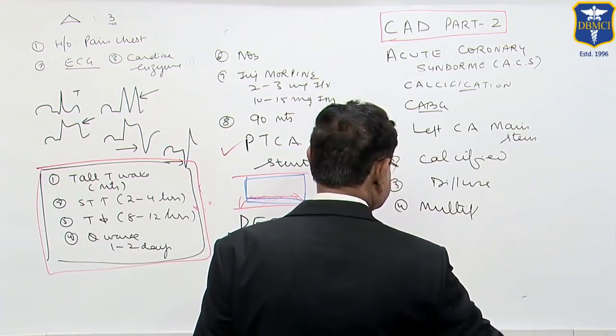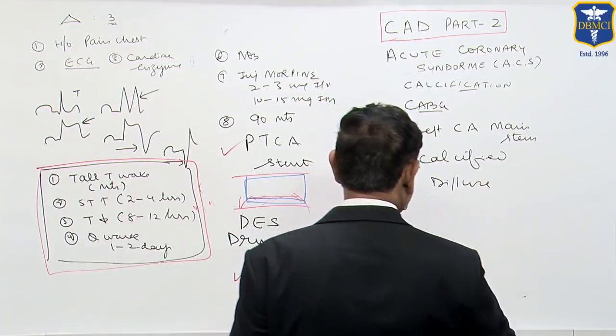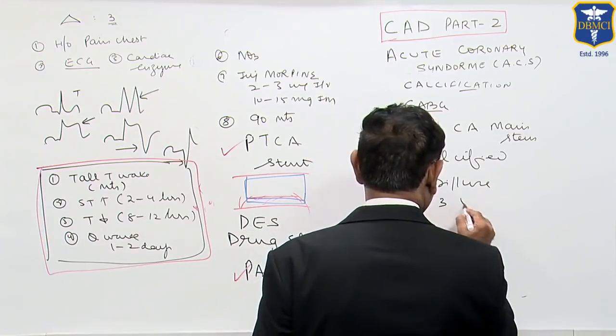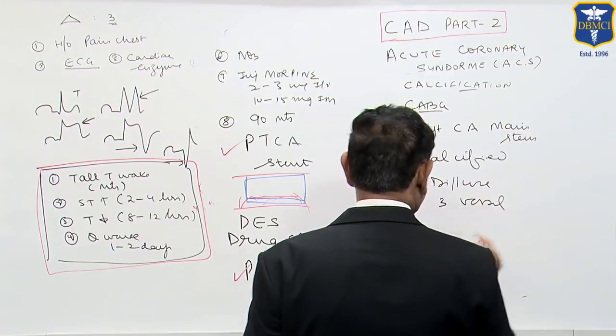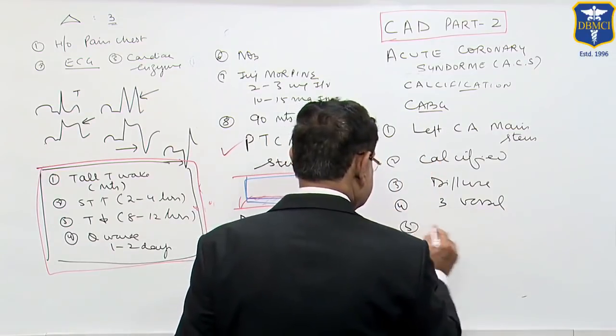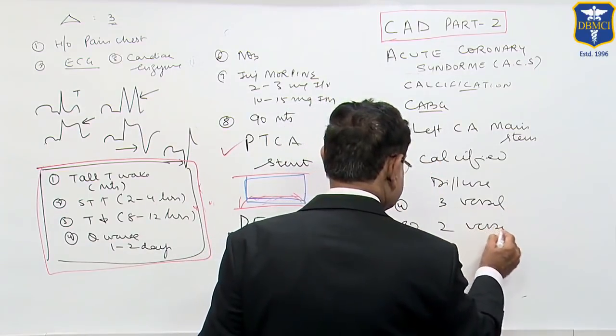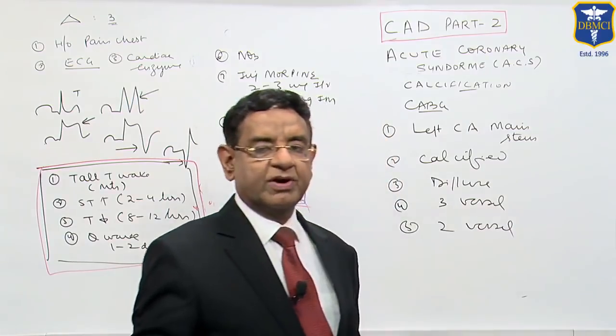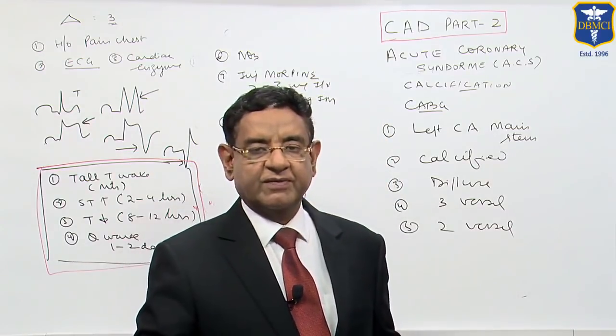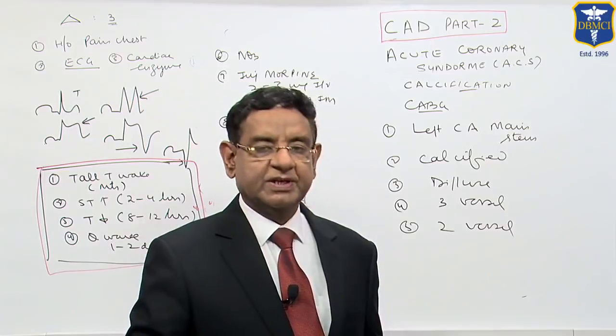Multi-vessel or, to be more precise, triple vessel. But even in diabetics, two-vessel involvement is again an indication of coronary artery bypass graft or bypass surgery.